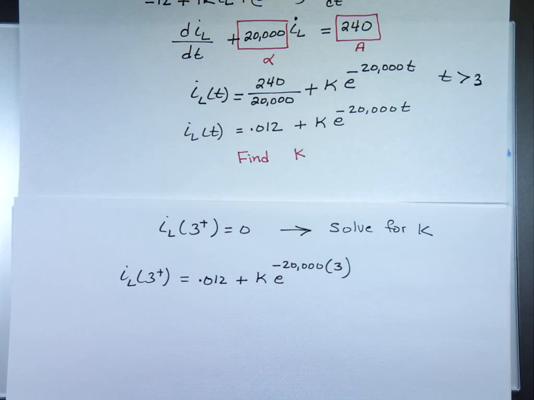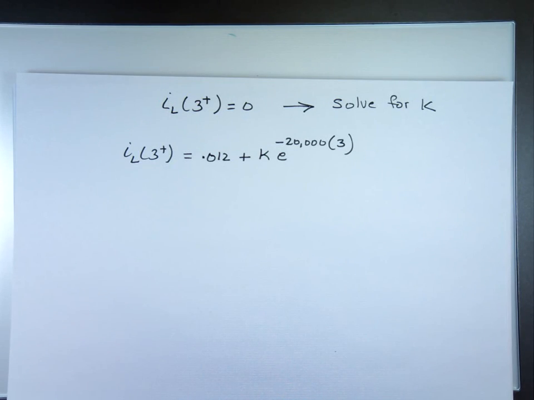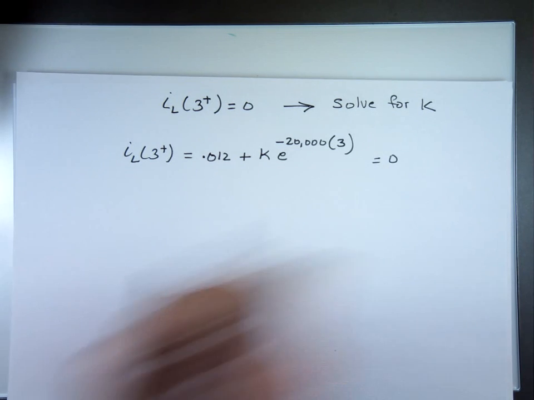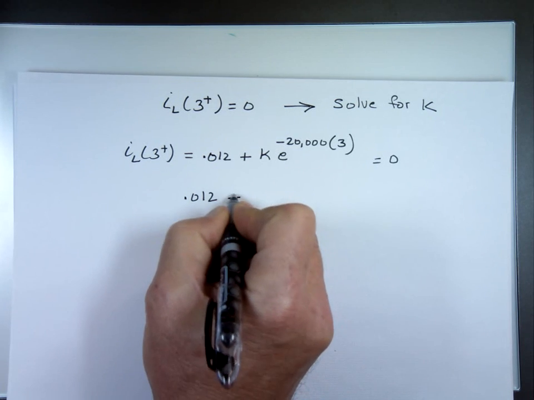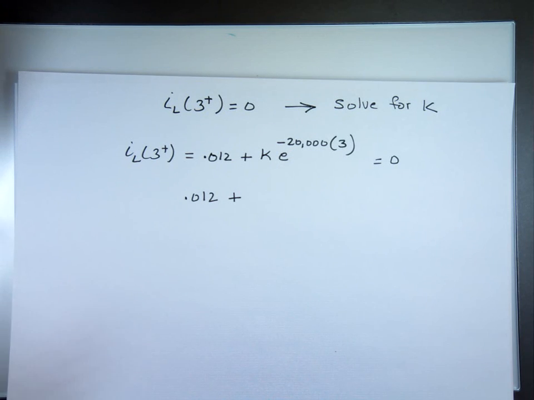So you plug that number in and you solve for k. We know what the answer is equal to. That's a 0. So 0.012 plus, that number is almost 0, e to the power negative 60,000? That should be a 0.